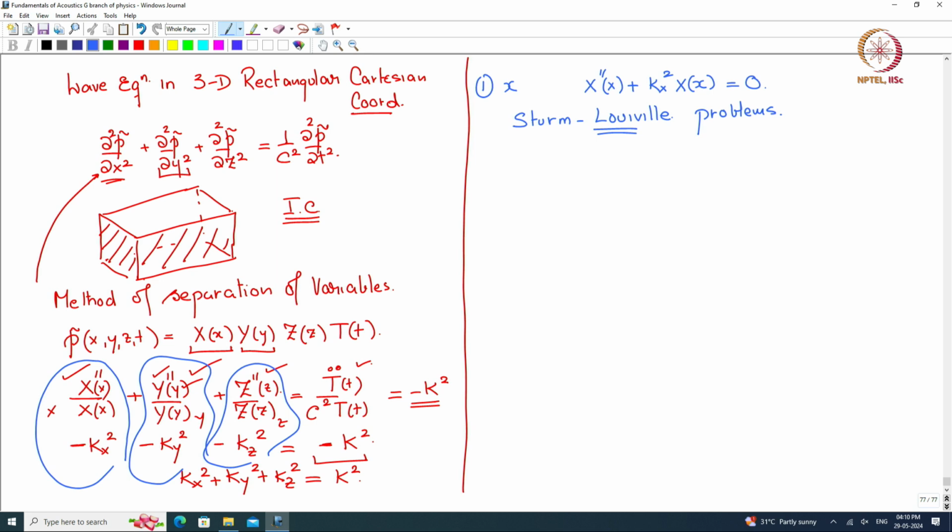So now this has a standard solution, which is A cos kx x plus B sin kx x. Okay. And we have a rigid walled condition. This whole box is rigid.